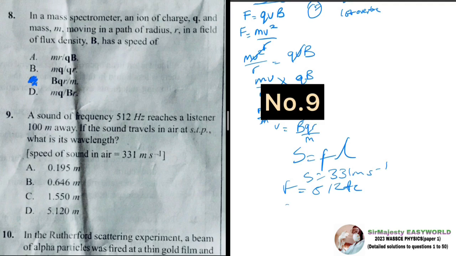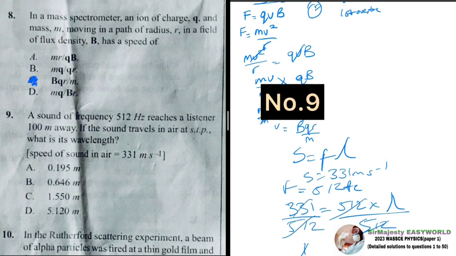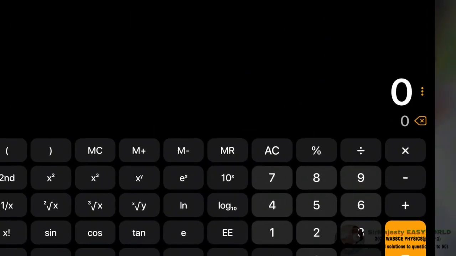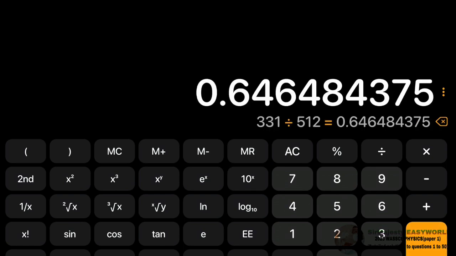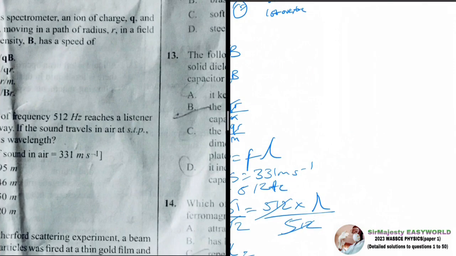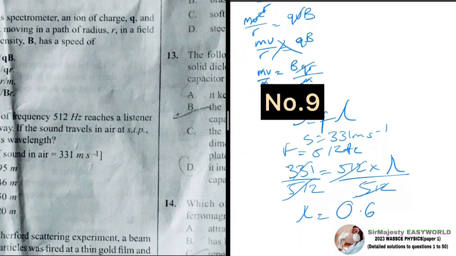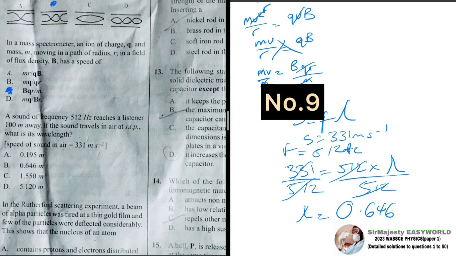Equating both of them, that will be 331 is equal to 512 multiplied by our wavelength, which is unknown. So dividing both sides by 512, our wavelength will be 0.646 meters.